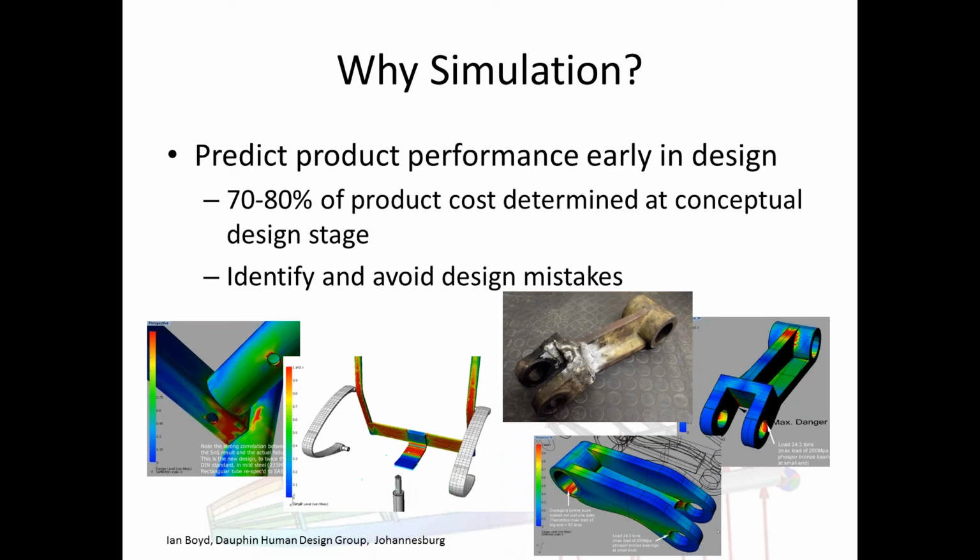And on the left, there's an example of a chair design where he was able to identify the locations of some failures and identify a way to fix the design deficiencies and reduce failures in service.